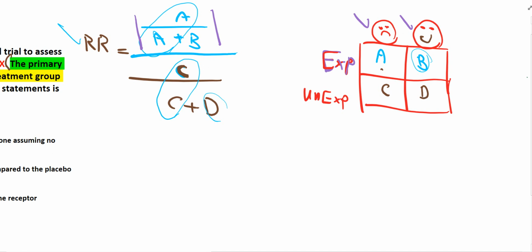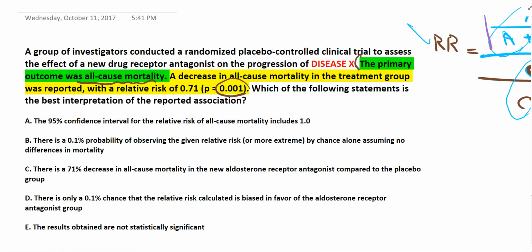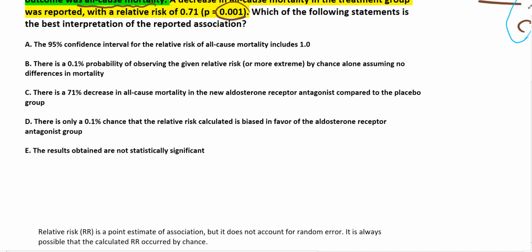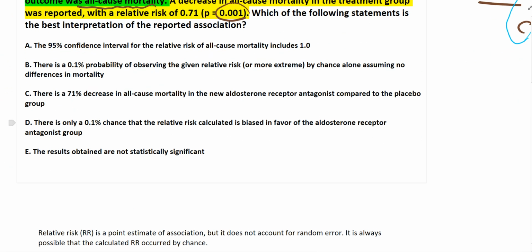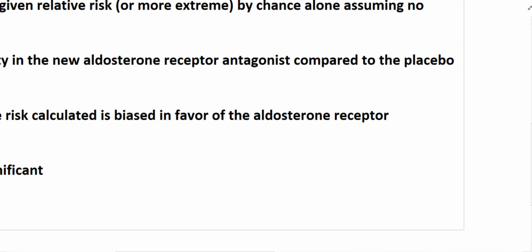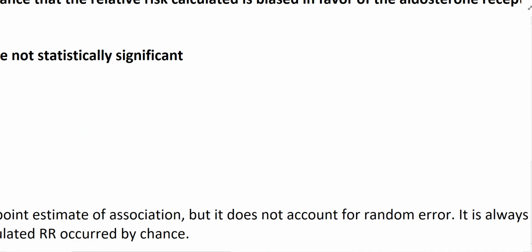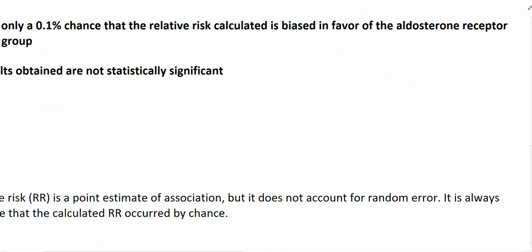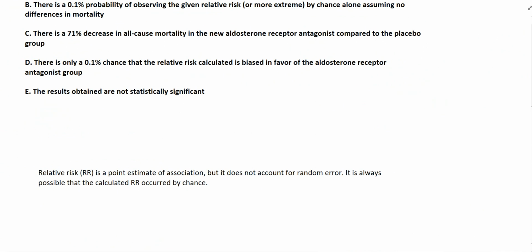So on that premise, on that equation, relative risk can be defined as, let me pull that part up on the screen, a point estimate of association, but it does not account for random error, because you're gonna include people who have or did not have the exposure.